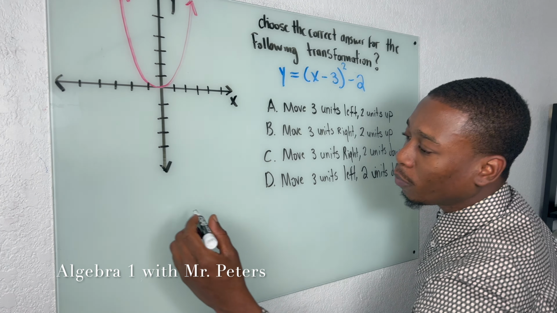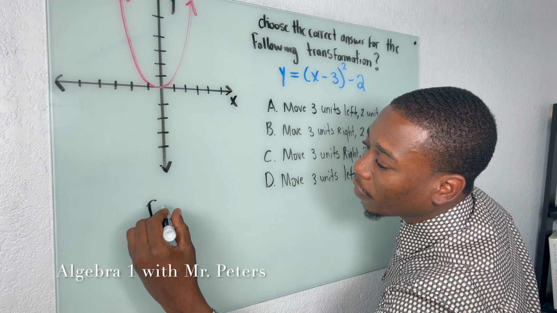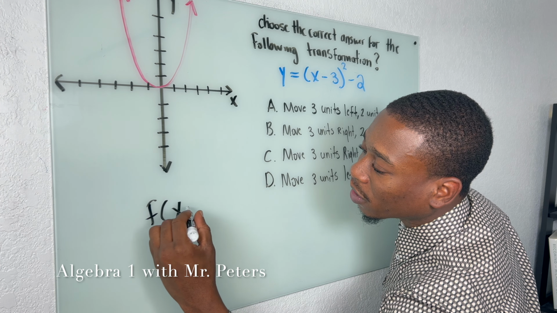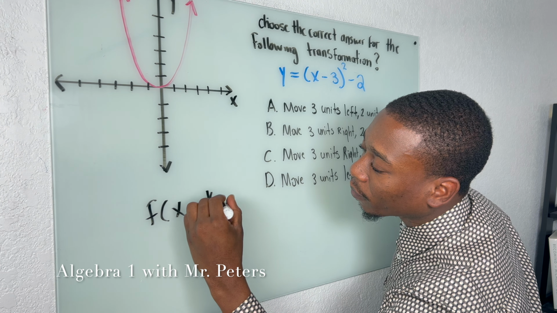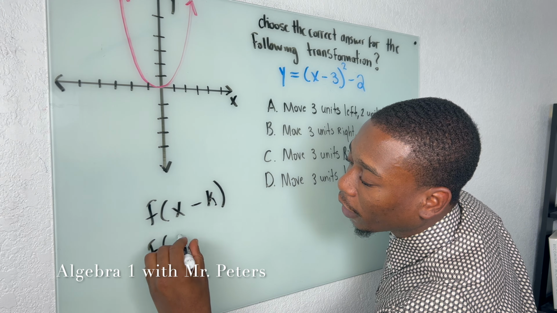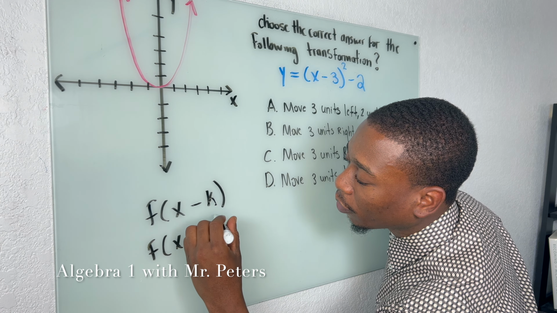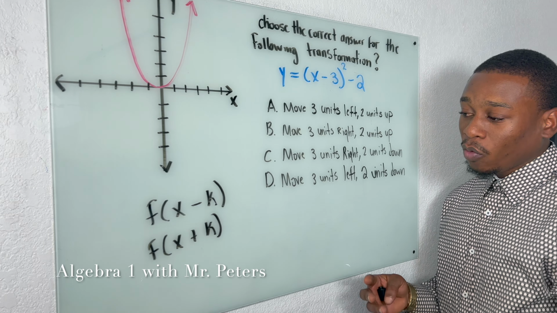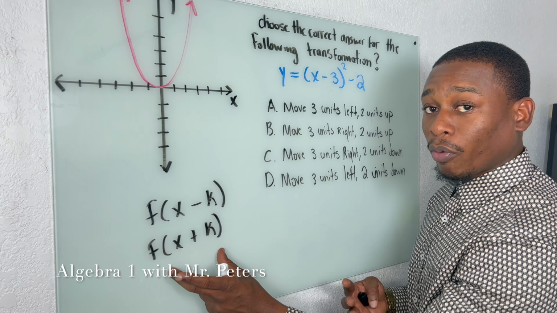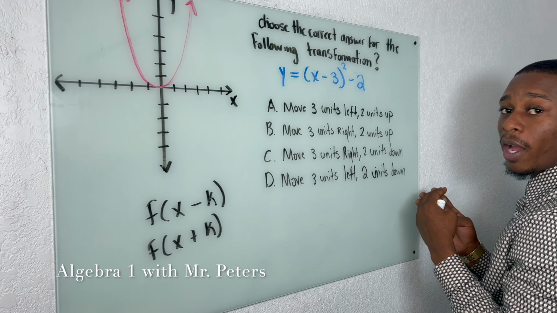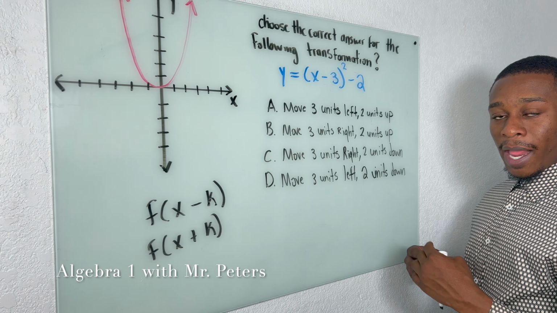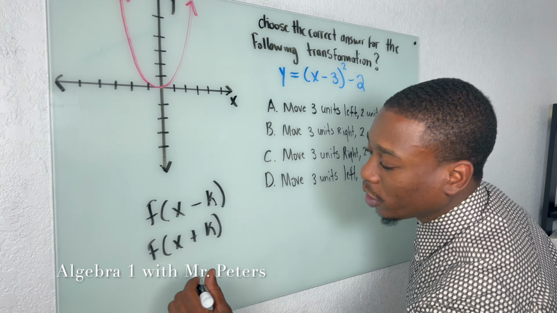So remember, when we talk about transformations, they gave us in the form of f(x - k), f(x + k). And remember that when we have k inside the parentheses, this means that we're shifting the graph left or right, and it's going to be the opposite. So this is what I mean.